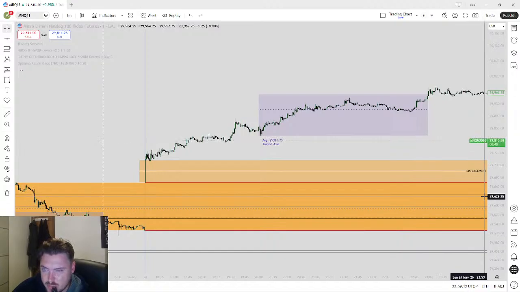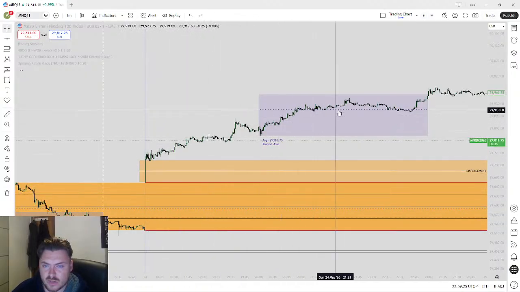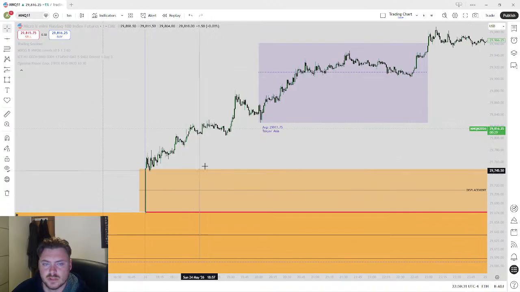I'm not saying I had a bearish bias, but I was open to the idea. There's a lot of this here today. A lot of gap and a lot of upwards with very little retracement.